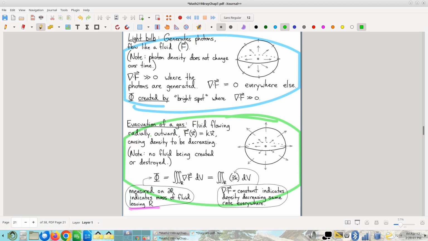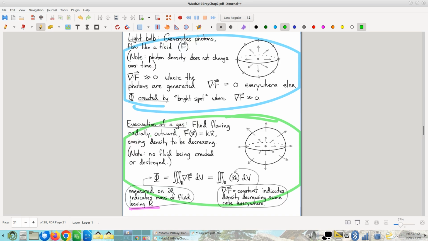Also different, while we're on this topic, I'll point out, when you're talking about the photons, photon density never changes as long as your light bulb doesn't move. Think about that light bulb right there. Think about how many photons there are in this general vicinity right here. We're not collecting photons there. The photons flow in, flow right out.